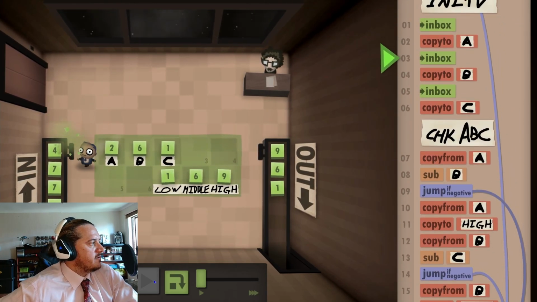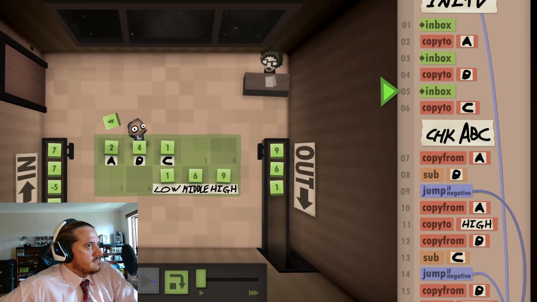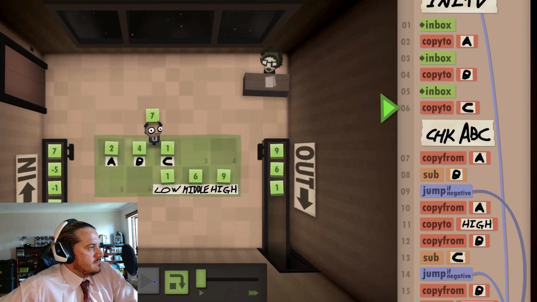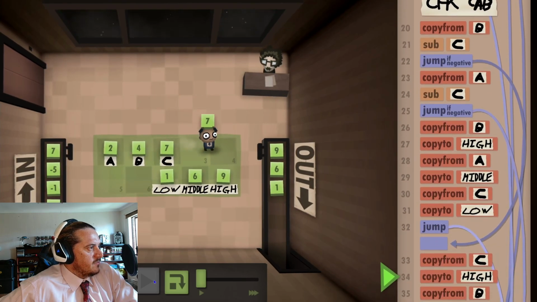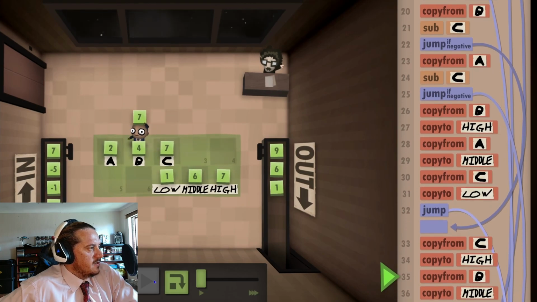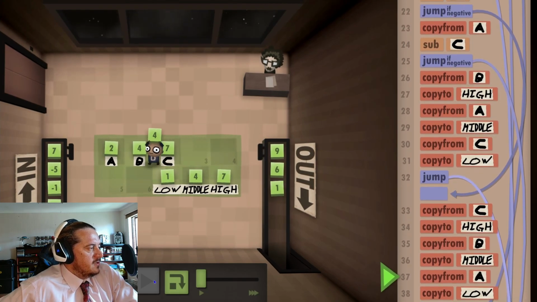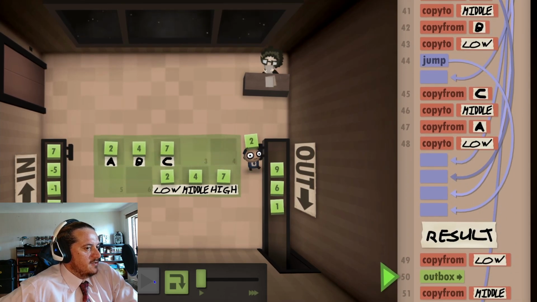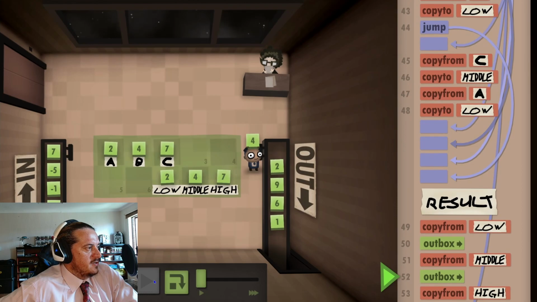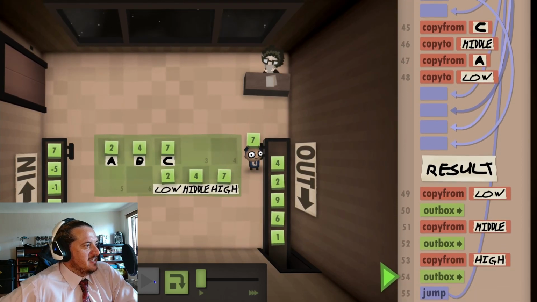Let's try the second run. Negative. Negative. It's high. That's middle. And that's low. Okay. So that's working. I've got a good feeling about this.